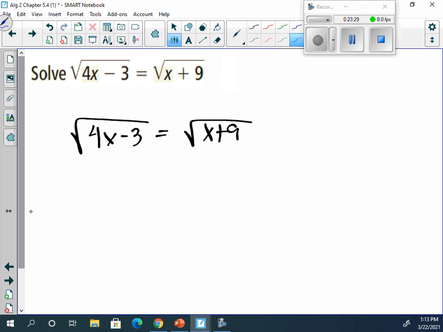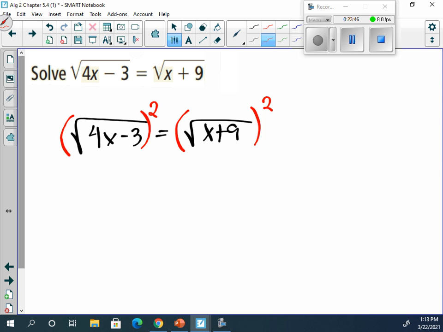So what can we do? We can do what to both sides? We can square them, yes. We can multiply them by themselves. We're going to square both sides.